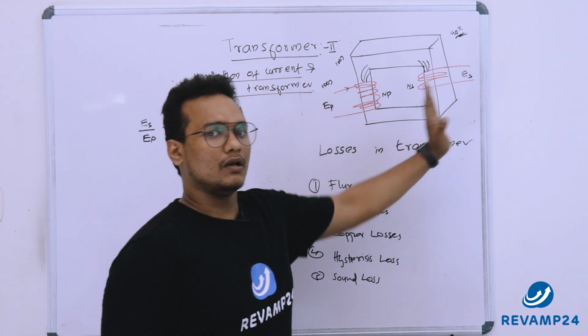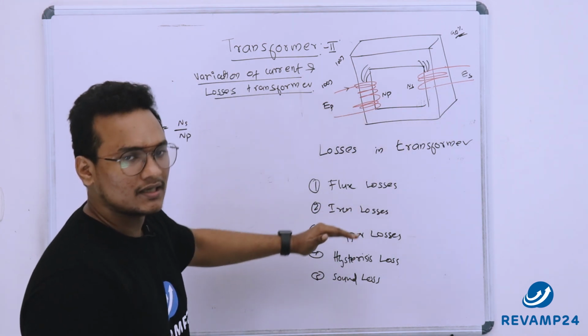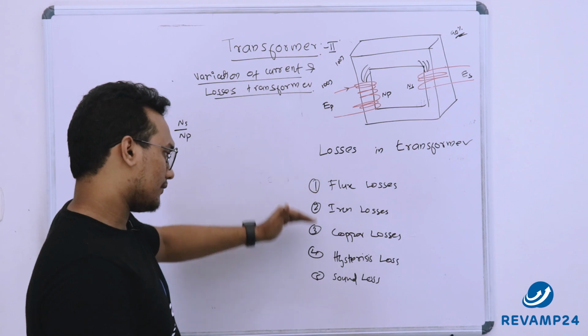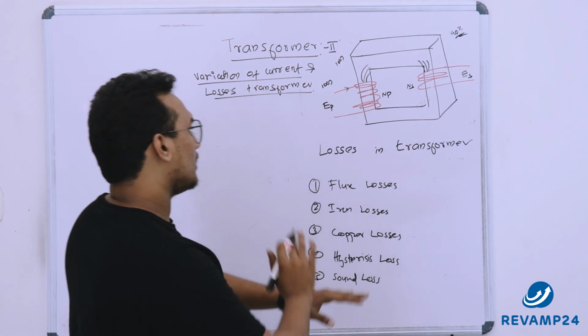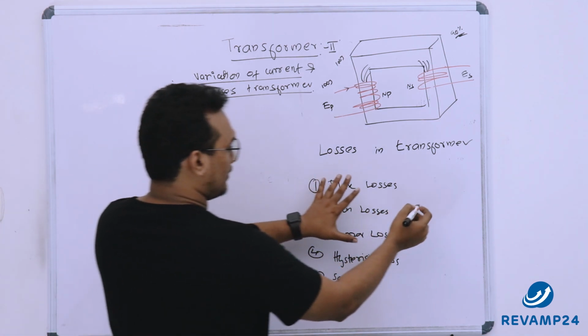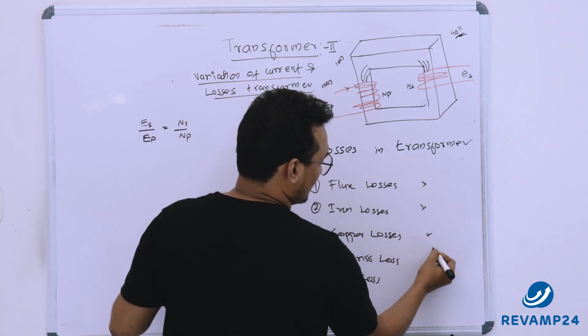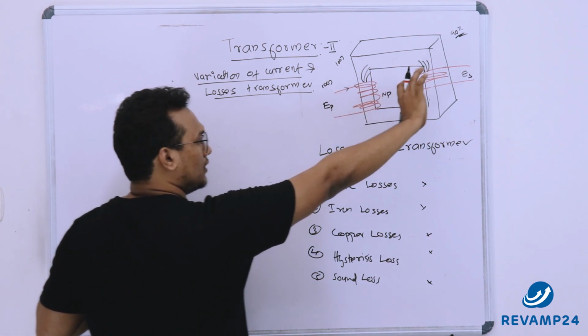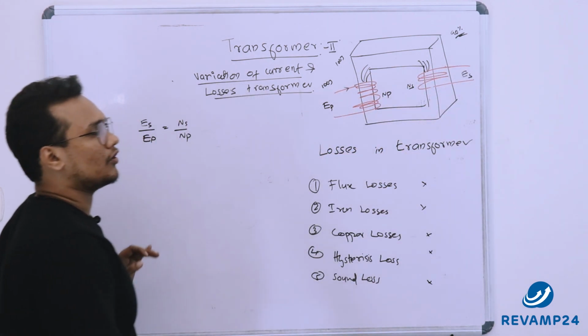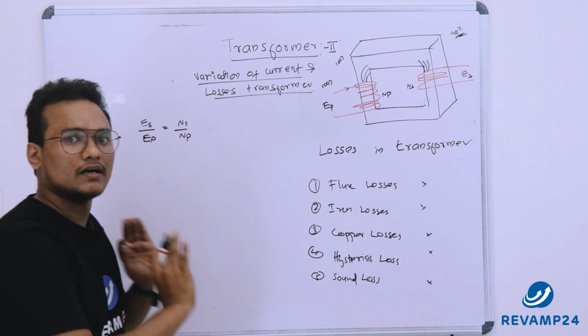A part would be lost, and I will tell you how this energy would be lost. There are 5 different types of losses in a transformer, but now we are going to consider that none of these losses are present, so that whatever energy or power we are giving at input would be there in the output, which means efficiency is 100%.